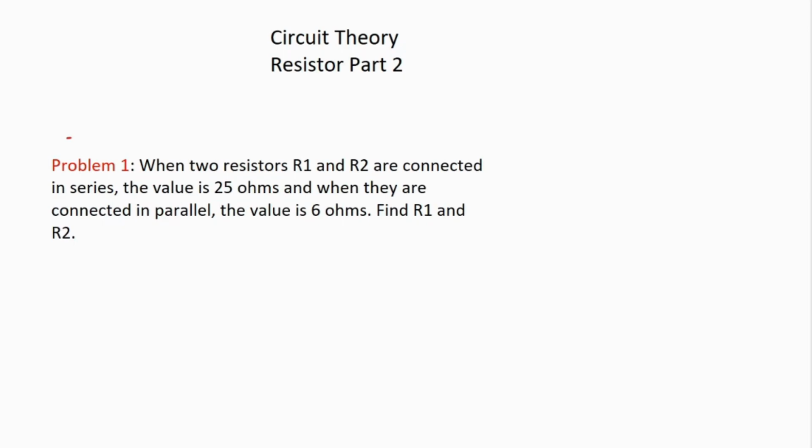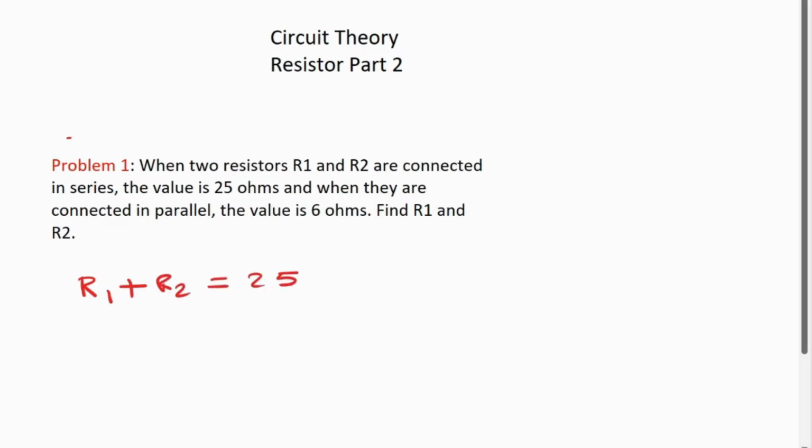So when R1 and R2 are connected in series for the first condition, what will be the value? R1 plus R2 equals 25 ohms, equation number 1. And from the second condition, when the two resistors R1 and R2 are in parallel, the value is 6 ohms.